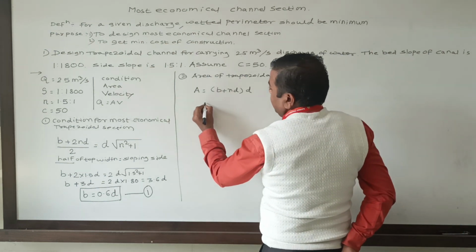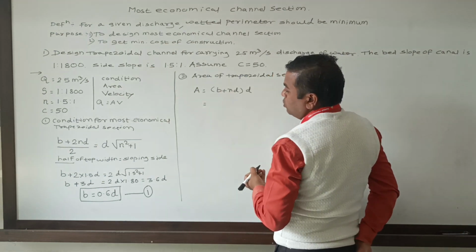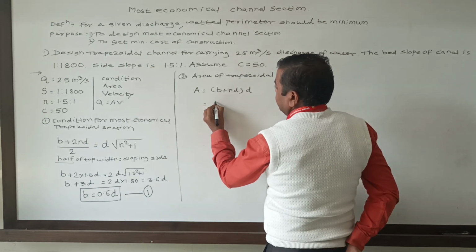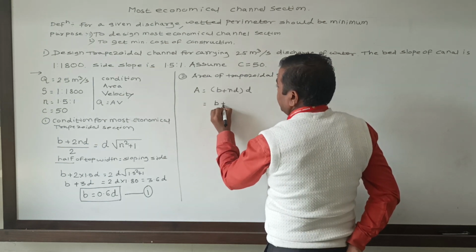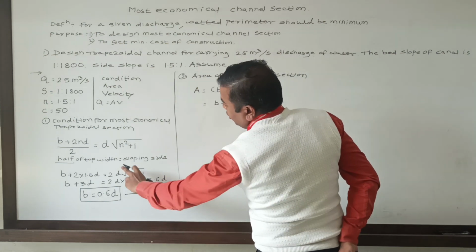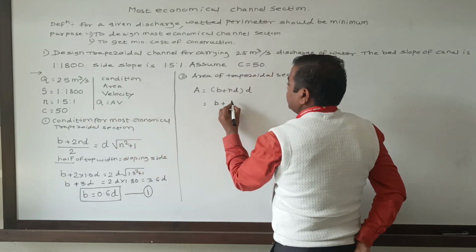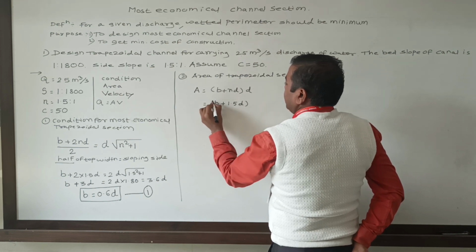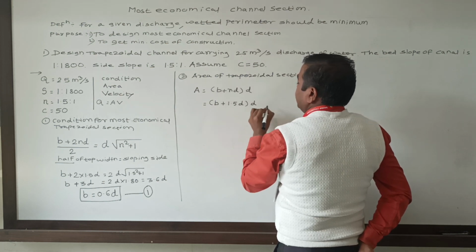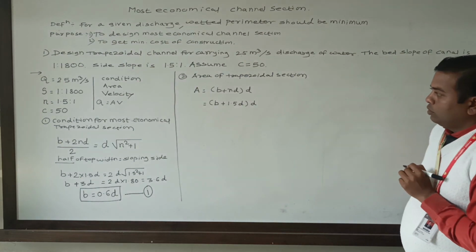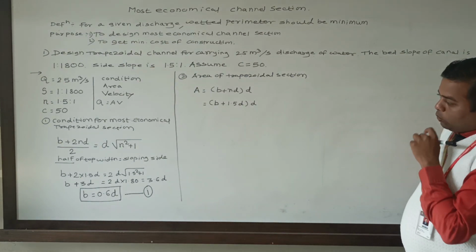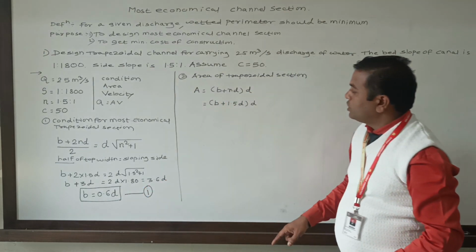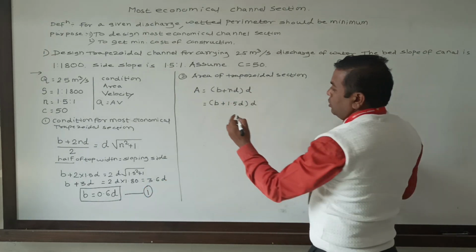So here again we will put the values. B plus N, where N is equal to 1.5, so 1.5 D into D. We will put the value of B equal to 0.6 D in this equation.